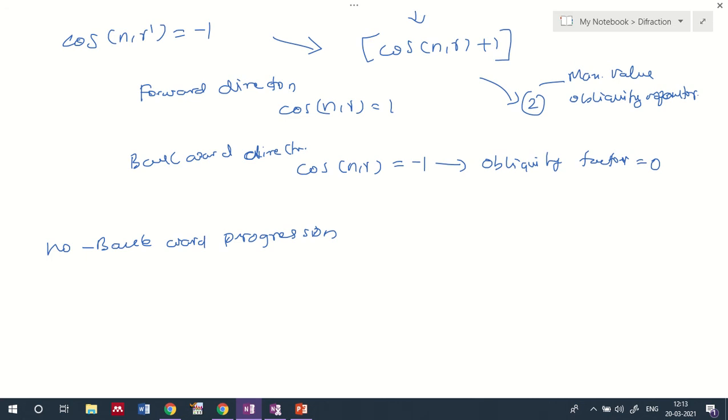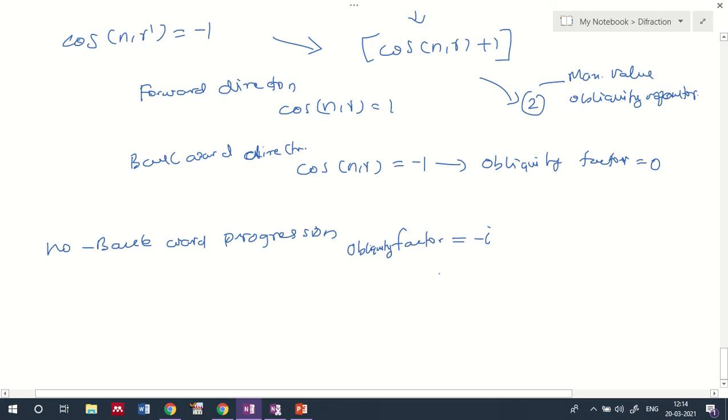Okay, and we also see the presence of minus i, which means that the diffracted waves are shifted in phase by 90 degrees. If the diffracted phase is shifted by 90 degrees, then the factor will be equal to minus i.